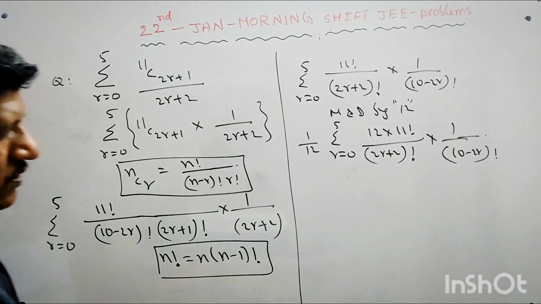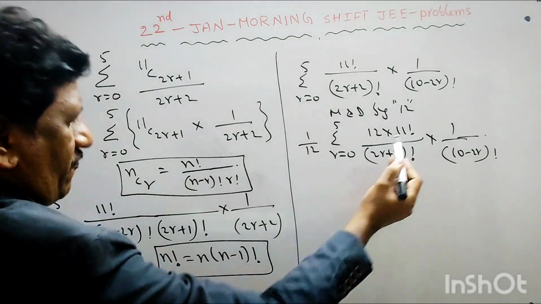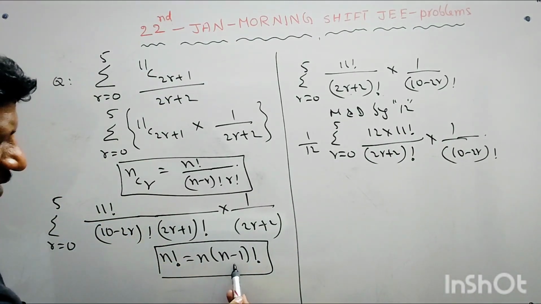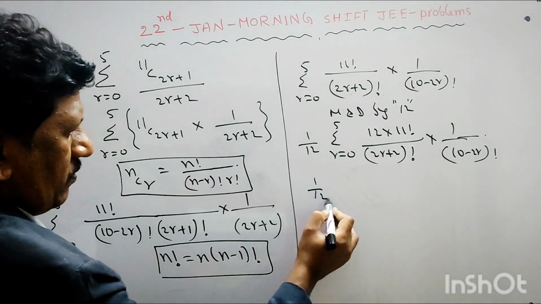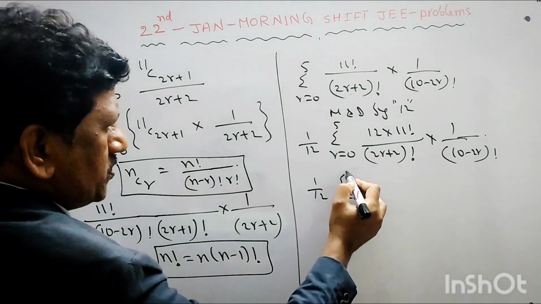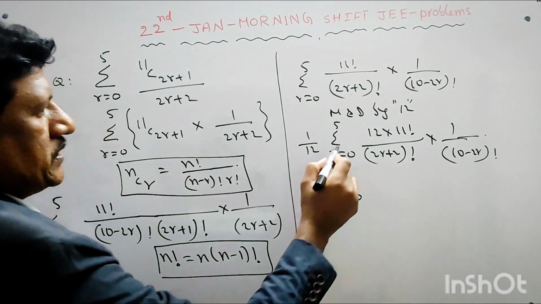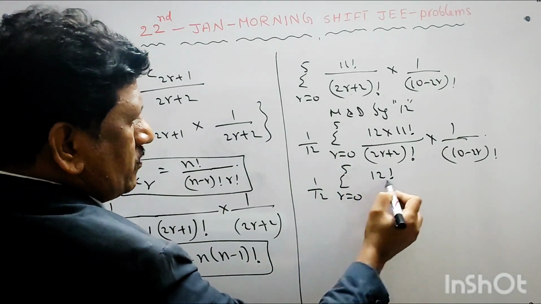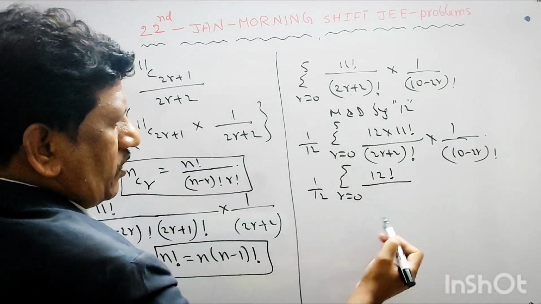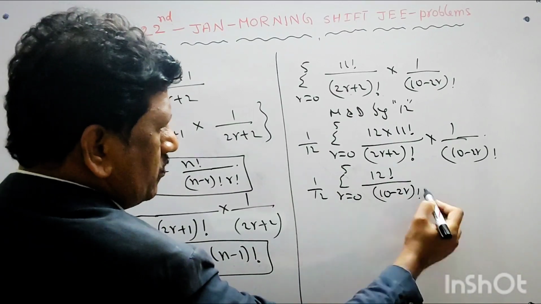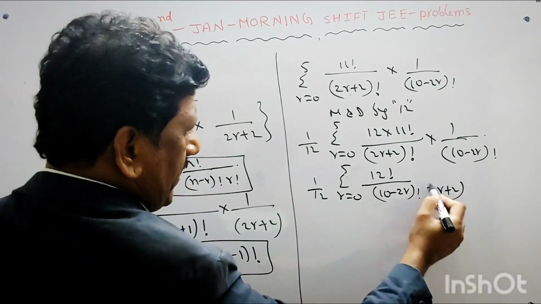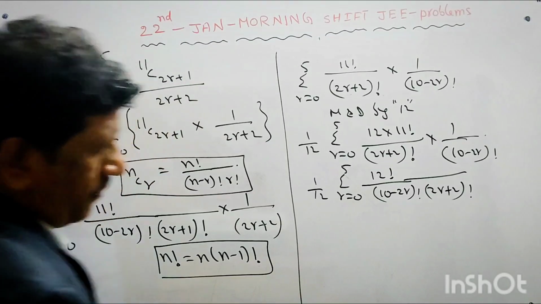Even this step is in the form of n into (n minus 1) factorial, so that is called n factorial. That is 1 by 12, the summation of r is equal to 0 to 5, 12 factorial by (10 minus 2r) factorial into (2r plus 2) factorial.